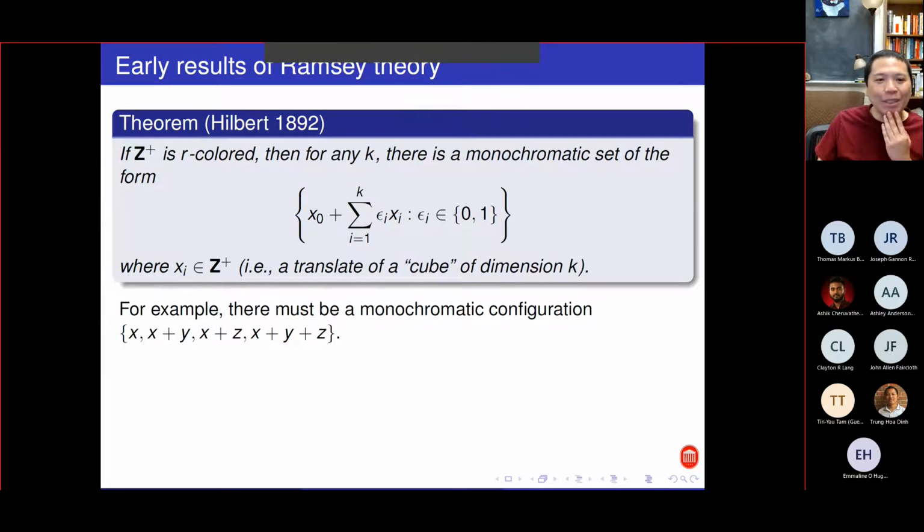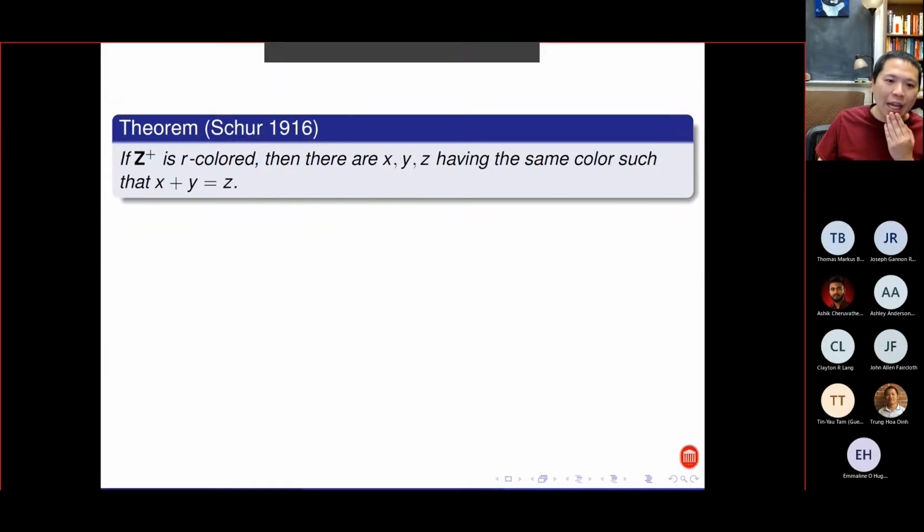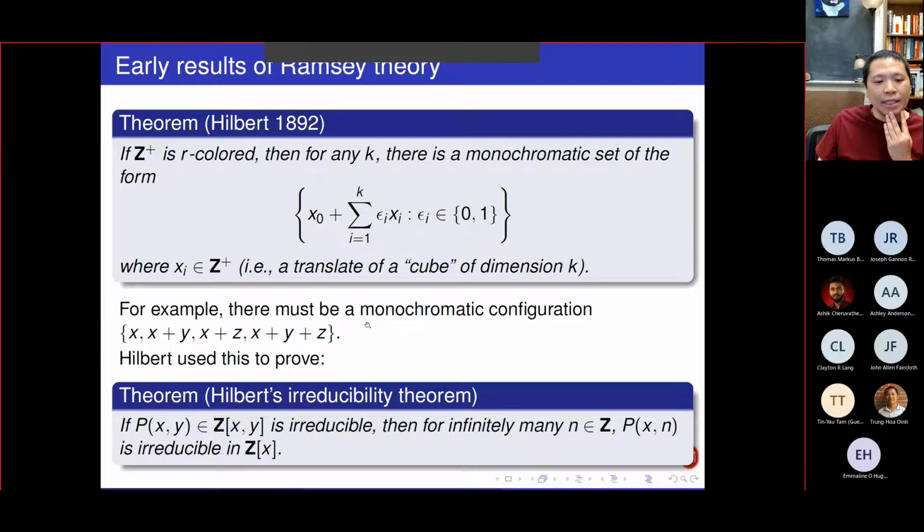So the motivation for Hilbert was that he used this as a lemma to prove the following theorem. Hilbert's irreducibility theorem. If you have a polynomial in 2 variables with integer coefficients, which is irreducible in this ring, Z of x and y, then you can fix y to be a fixed number n, and you can do that for infinitely many n.